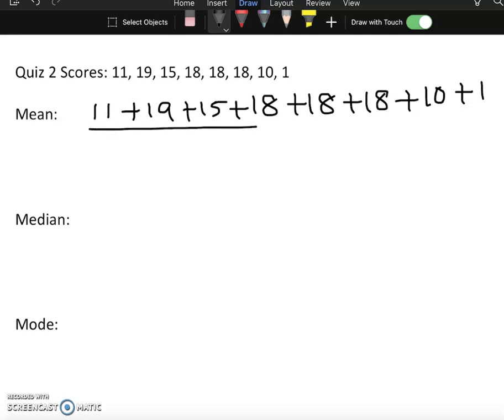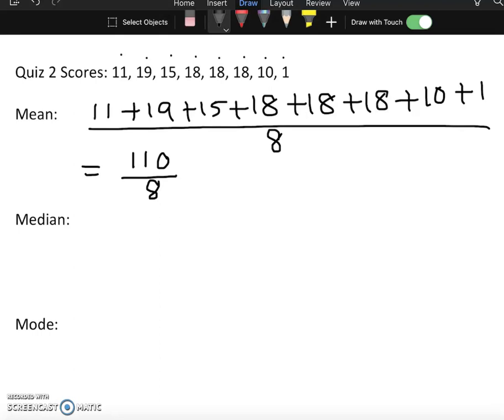Divided by how many numbers? So we're going to check: 1, 2, 3, 4, 5, 6, 7, 8 numbers. So we're going to have 8 numbers. And again, you use your calculator, and if you add all these, 11, 19, 15, 18, 18, 18, 10, 1, the total is 110. 110 over 8.